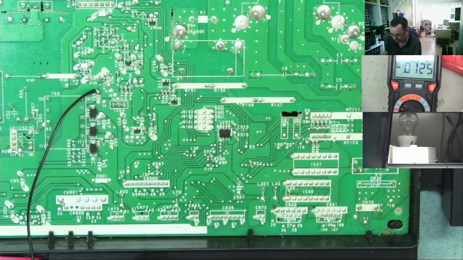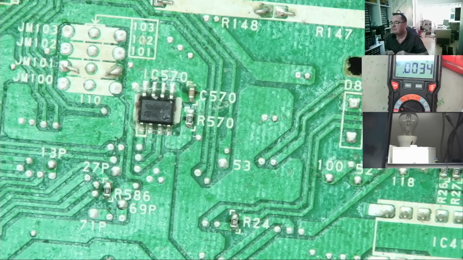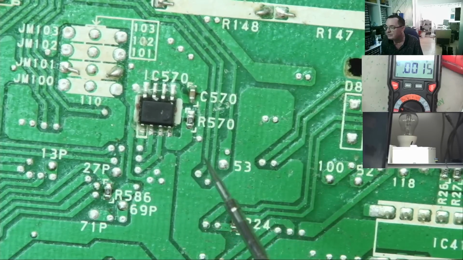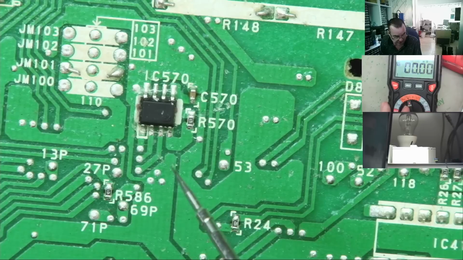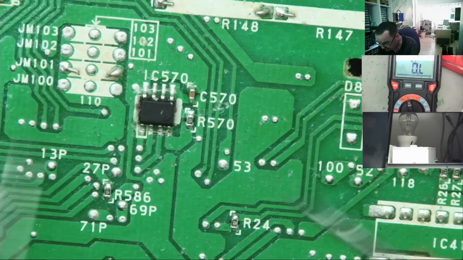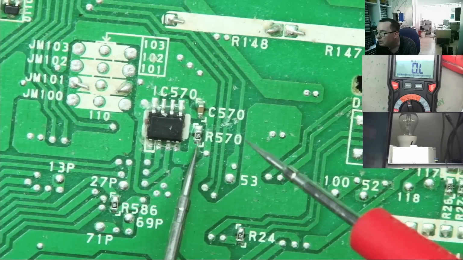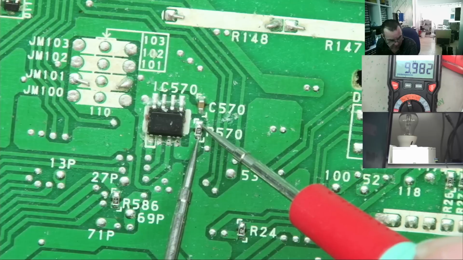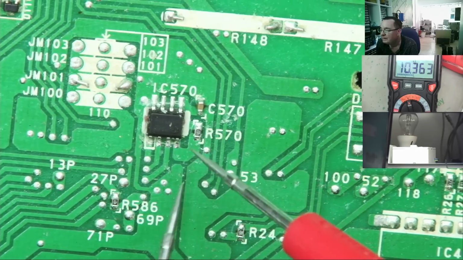This is the EEPROM. It mentioned the resistor in this area could be a fault. I can see one attached to the EEPROM there, so let's check this. Okay, so this 10k read 10k.